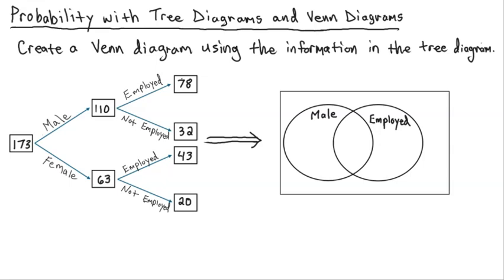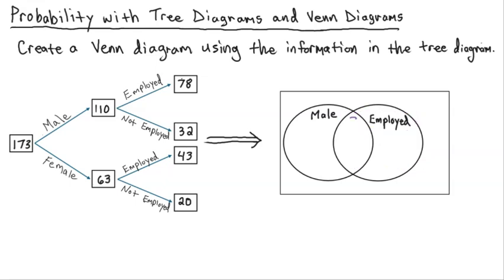So here's what we have. We have 78 employed males, 32 not employed males, 43 employed females, and 20 not employed females, okay? If we come over here, you can see that our two circles, our two categories, are male, and the other one is employed.